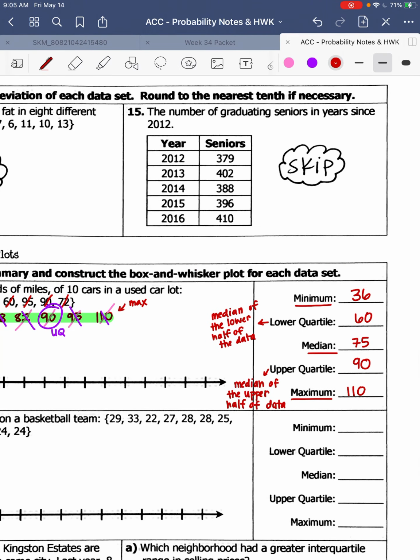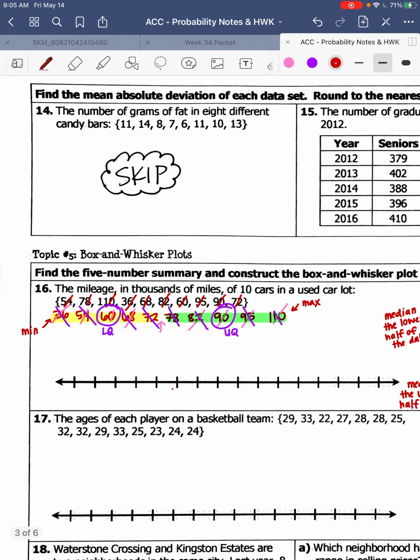Okay, so now that I've got my 5-number summary, I can make my box and whisker plot. So I first need to label my number line here.